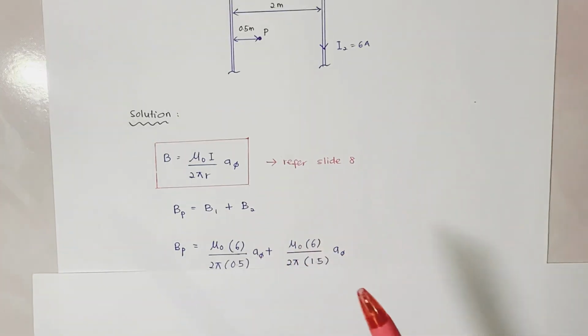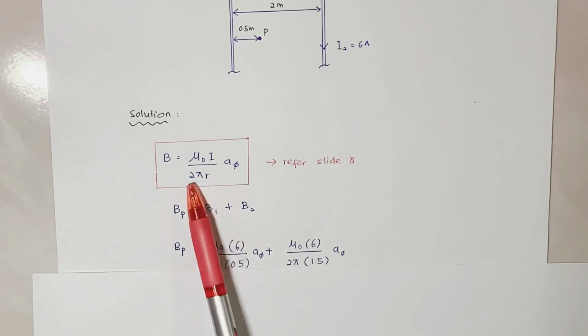So for B1, you just need to substitute all the values for B1 and B2 based on the equation given.